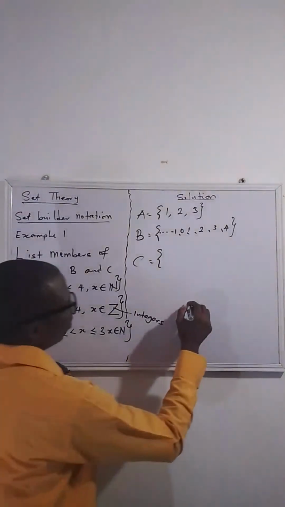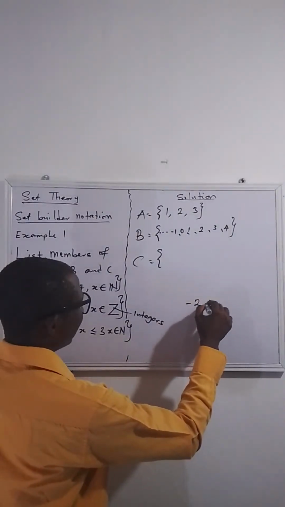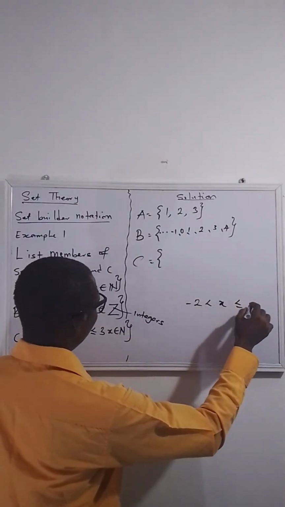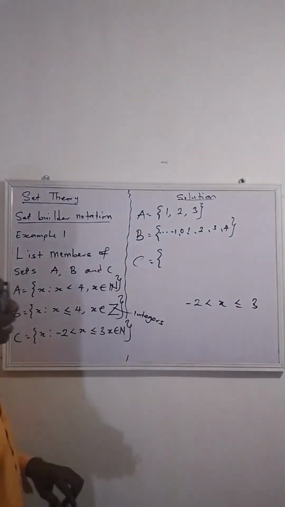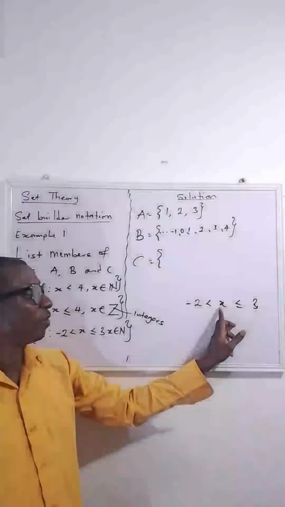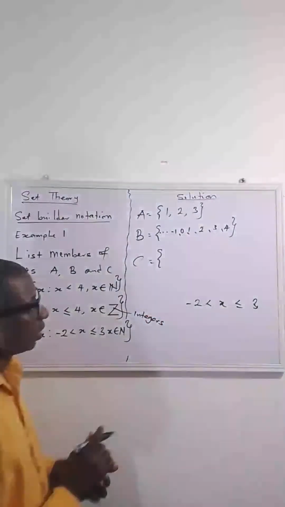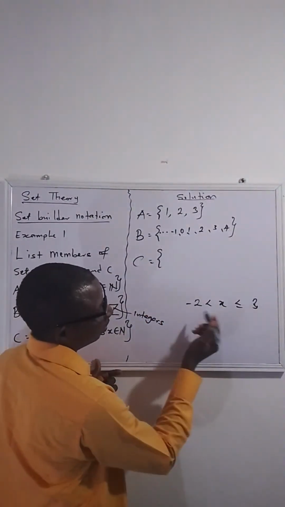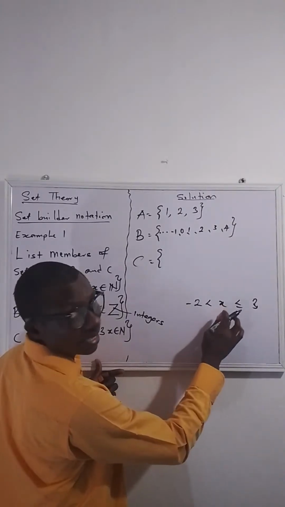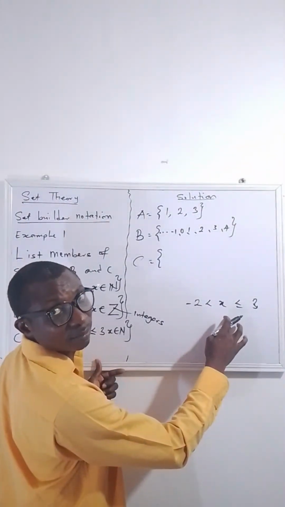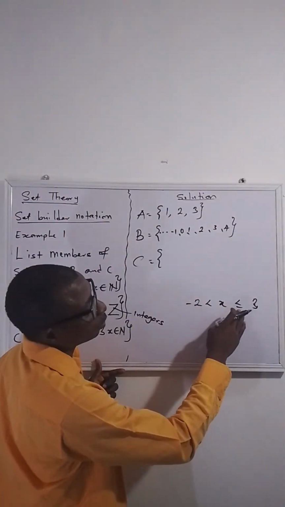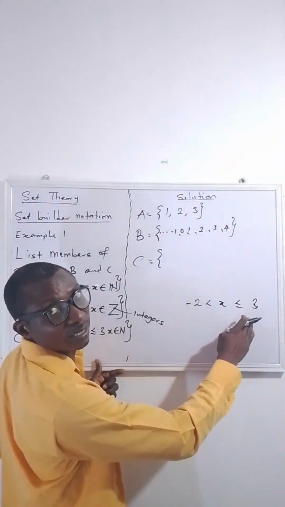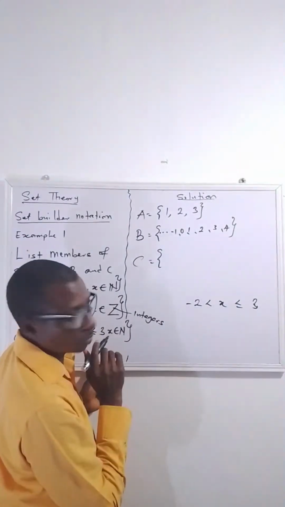Now we have -2 less than x less than or equal to 3. Let us first assume that the values of x are whole numbers. The values you are supposed to list here must be greater than -2, and also less than or equal to 3.